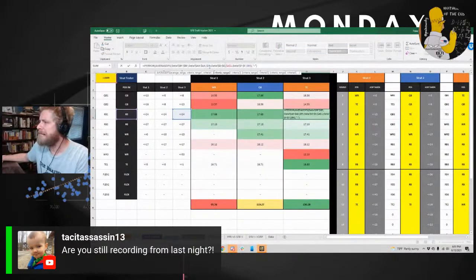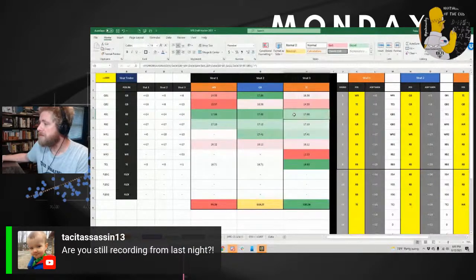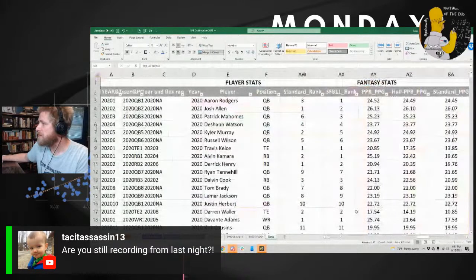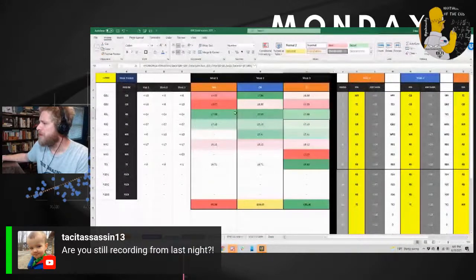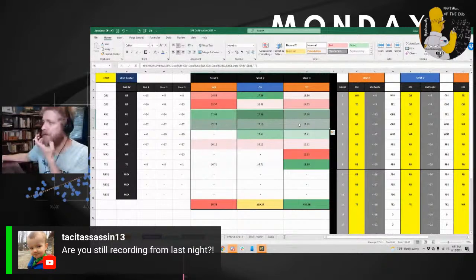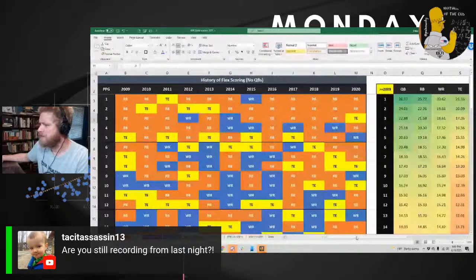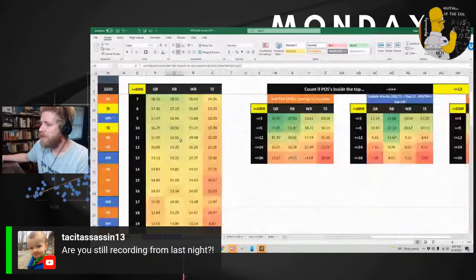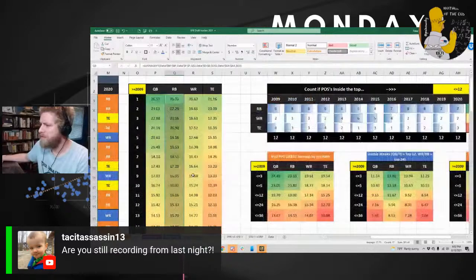BF AX since 2009 running back. Wow. It's really kind of broken, isn't it? Top 24 running backs averaging 17 points per game. Let's see that scoring history. Well, that includes the top, so it's a little misleading. Tell you what we could do.